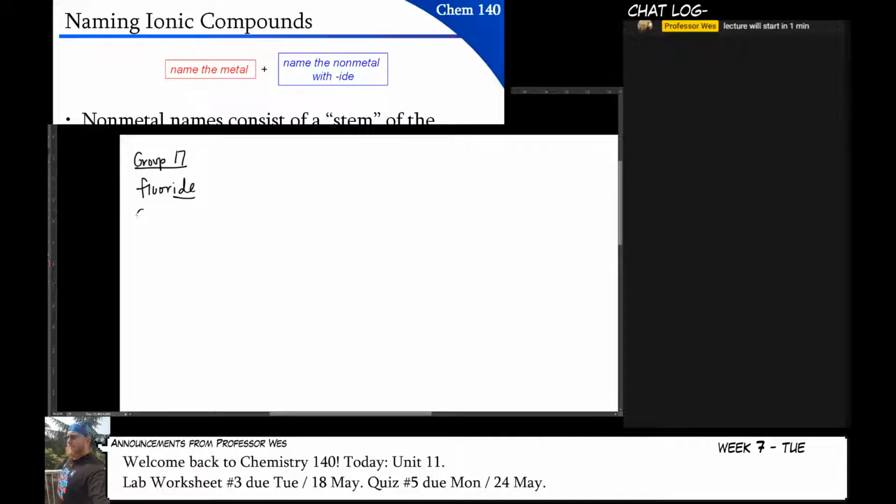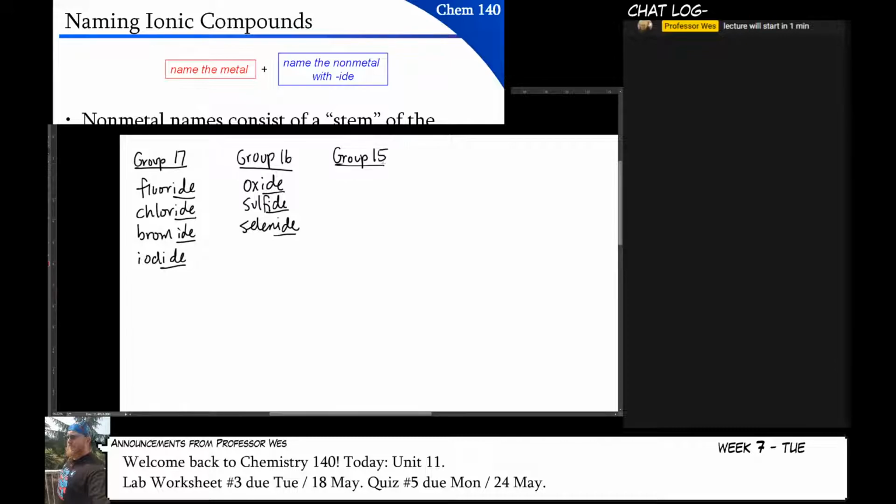So we got fluoride, chloride, bromide, and iodide. And I'm only going to list the ones that we're going to actually use. So I'm not going to do azide because that's radioactive. You're never going to see a compound with that. So for group 16, we've got oxide, sulfide, selenide, and then telluride is a metalloid, so you don't really see it. So we'll just skip it.